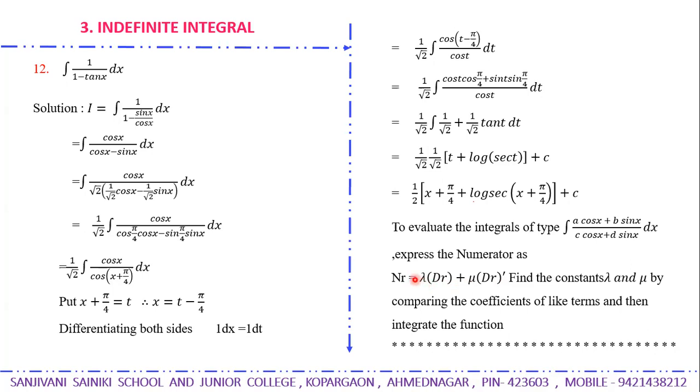Because when we express the numerator in this form, after dividing the numerator by the denominator, the denominator cancels here and you will get only lambda, and its integral is lambda x. Here the function is in the form of f dash of x upon f of x, so its integral is mu times log of the denominator. So there is no need for simplification and we will get the answer easily.